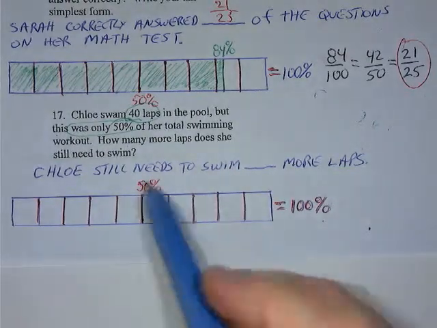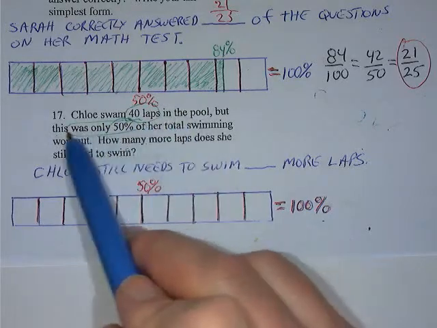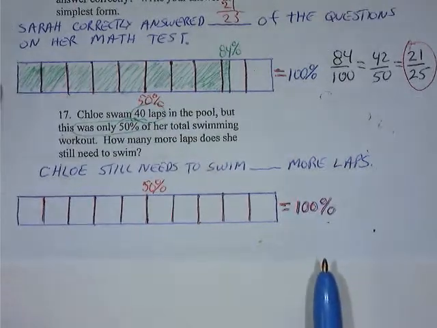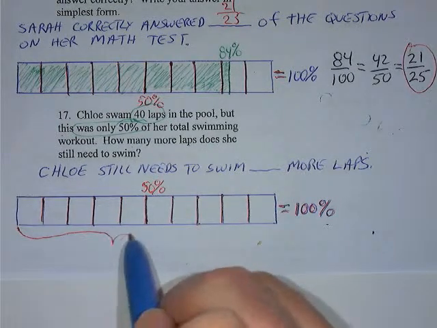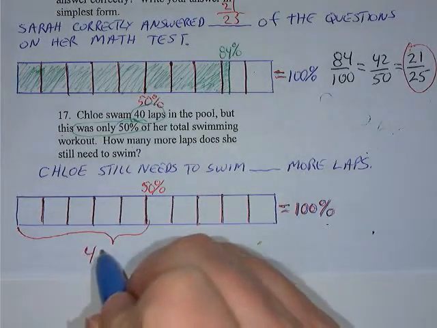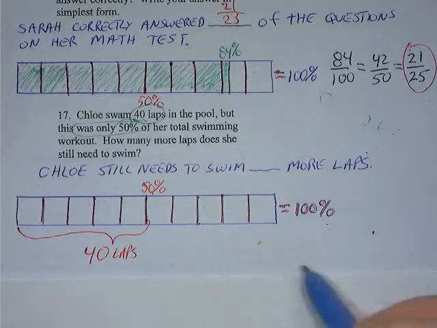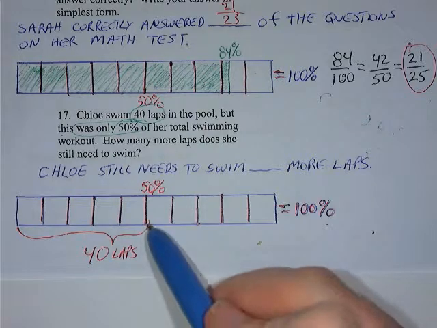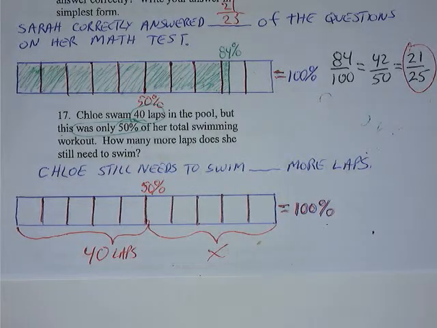And it says that Chloe swam 40 laps in the pool, that was only 50%. So from here to there is 40 laps. And we need to know from here, how many more does she have to go? Okay, you can do that in your head, I know.